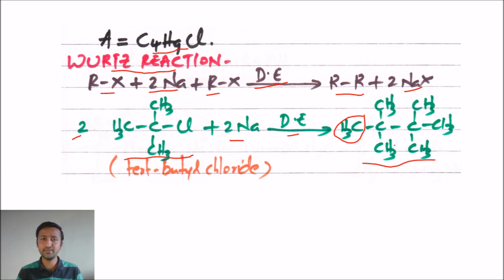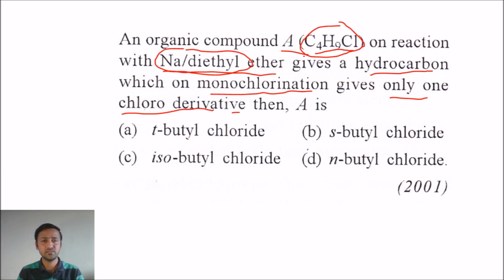So in free radical chlorination or halogenation, it results in only one type of monochloro derivative. So the right answer is that we should take the alkyl halide as tertiary butyl chloride. The right answer is option A.